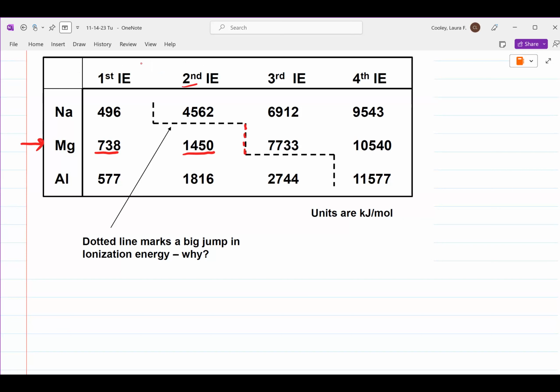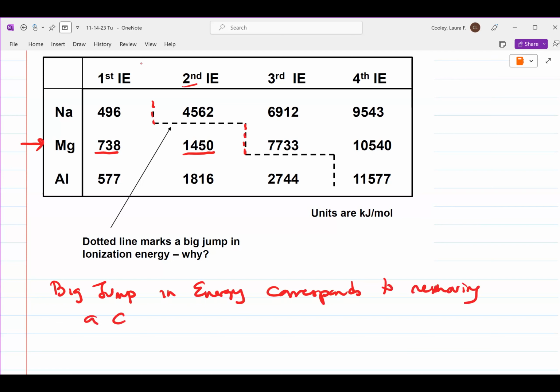Now, with sodium, the big jump happens here between the first and the second, because sodium only has one valence electron. So here you're trying to remove from the core. So the big jump in energy corresponds to removing a core electron.